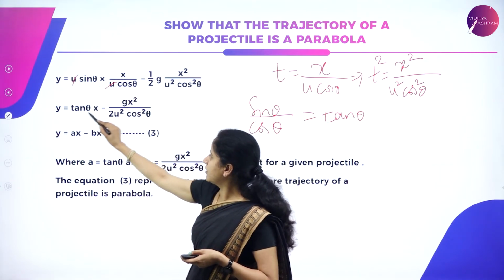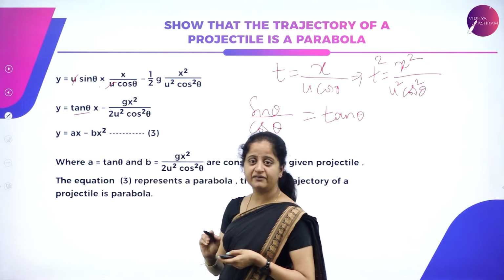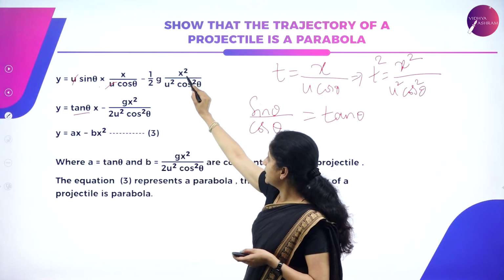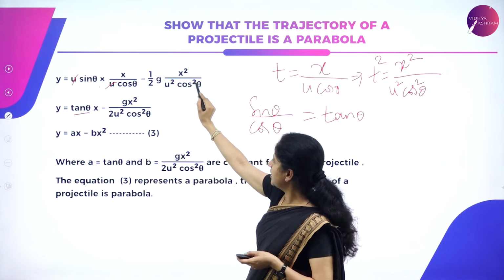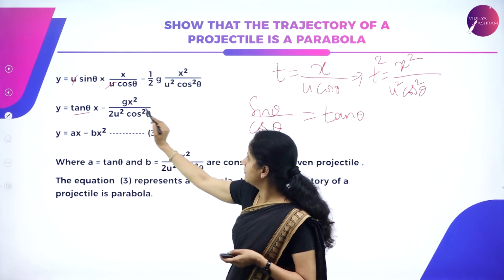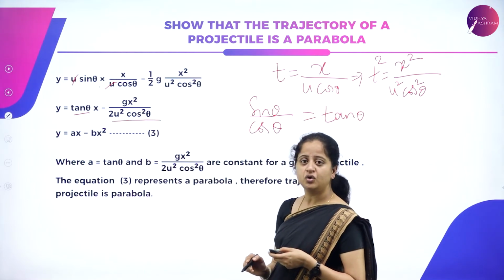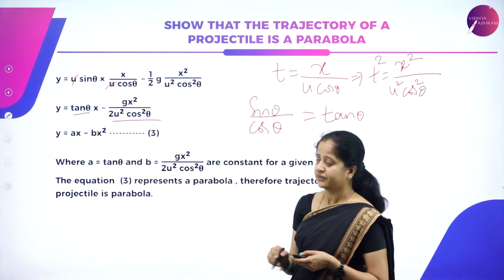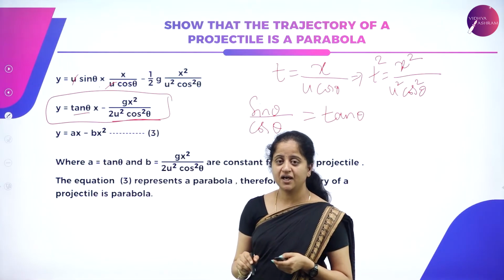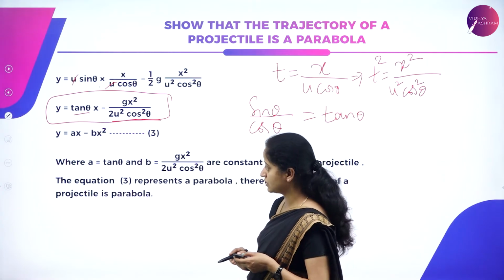Sin theta divided by cos theta is nothing but tan theta, into x we have, and we have retained as it is, minus half g x square divided by u square cos square theta. So here we can write g x square divided by 2 u square cos square theta. I hope it is clear to everybody. y is equal to tan theta into x minus g x square divided by 2 u square cos square theta.